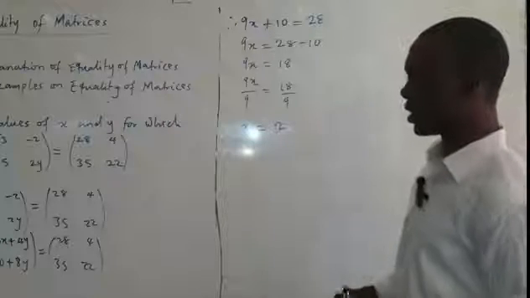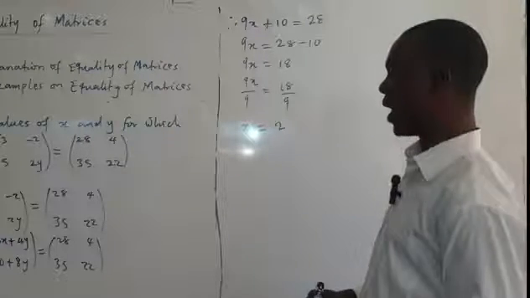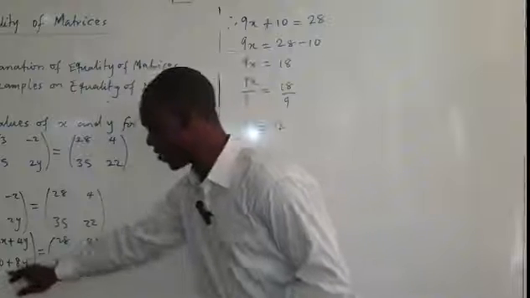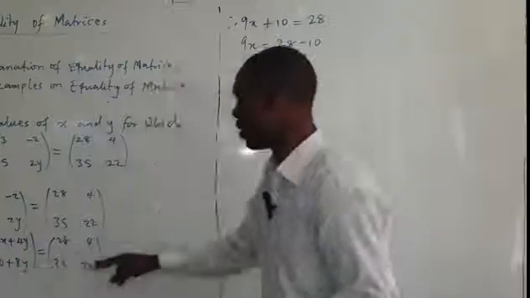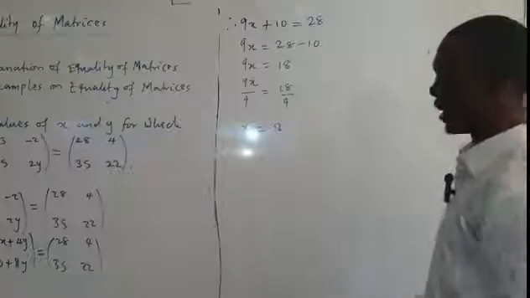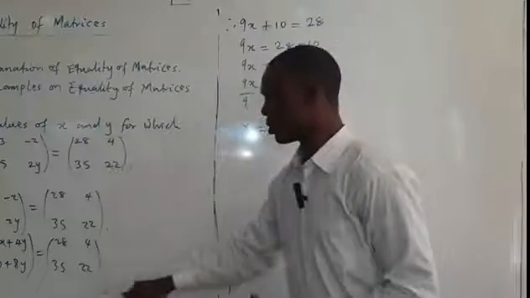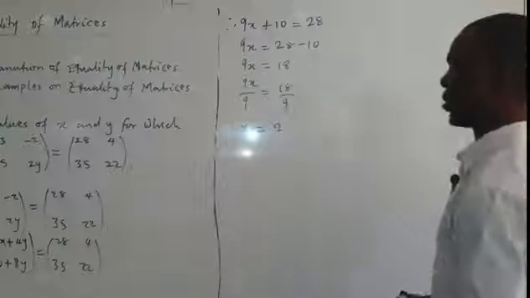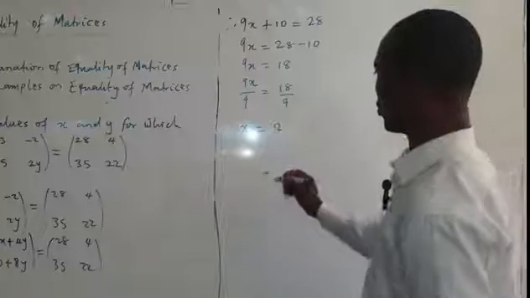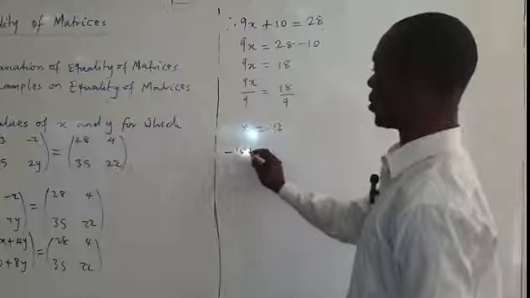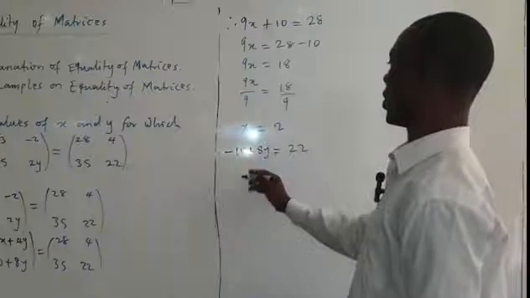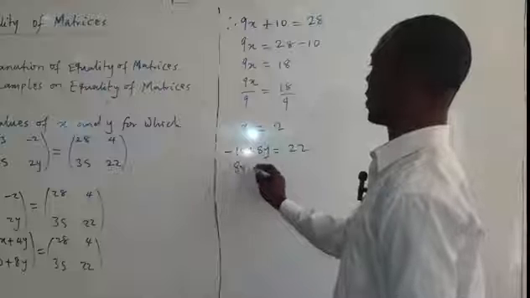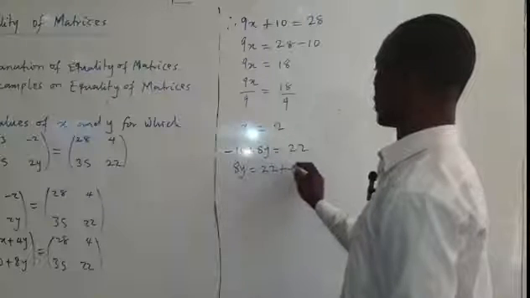To now get the value of y, we equate the last element of the matrix on the left hand side with the last element of the matrix on the right hand side. So it's going to be minus 10 plus 8y equals 22. Collecting like terms, we have 8y equals 22 plus 10.